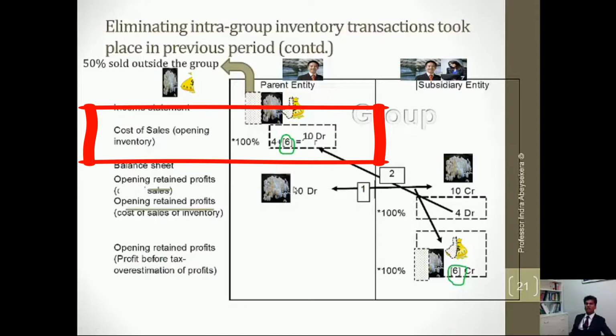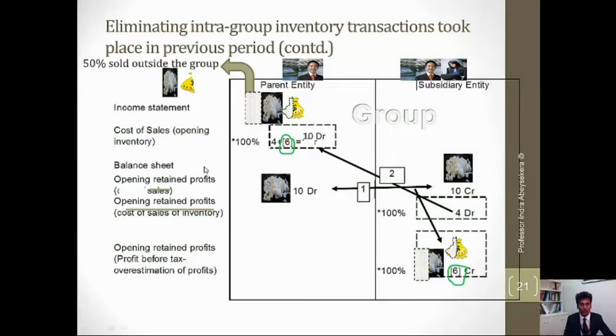But that inventory in the current period becomes cost of goods sold, because it's a current asset. We had inventory, and that is now in the current period cost of goods sold.